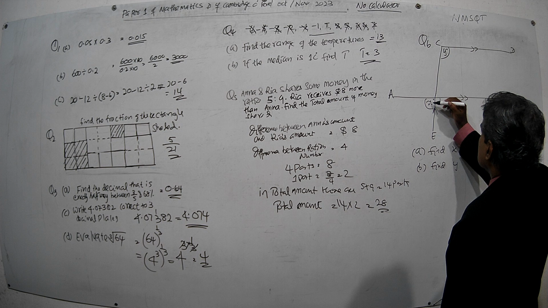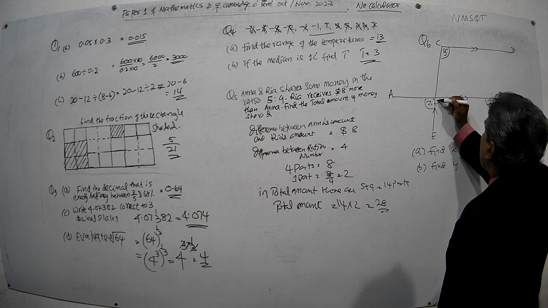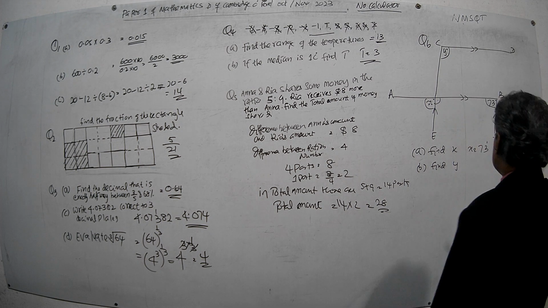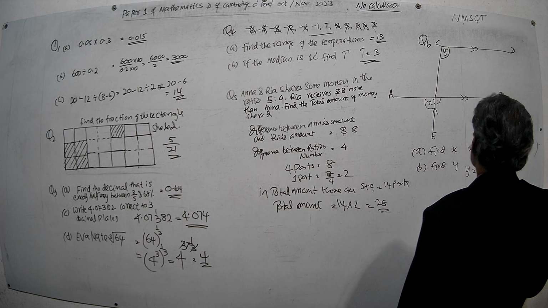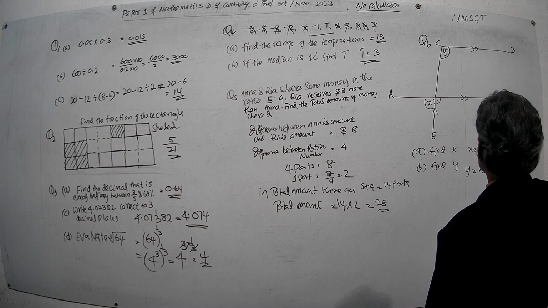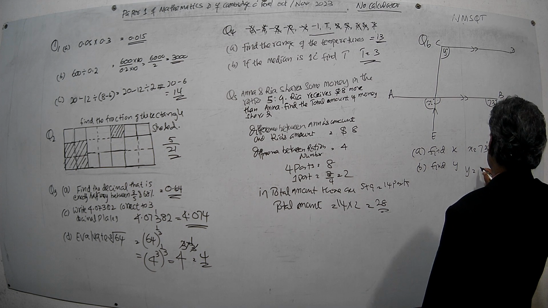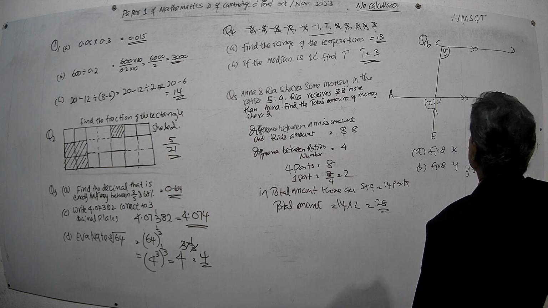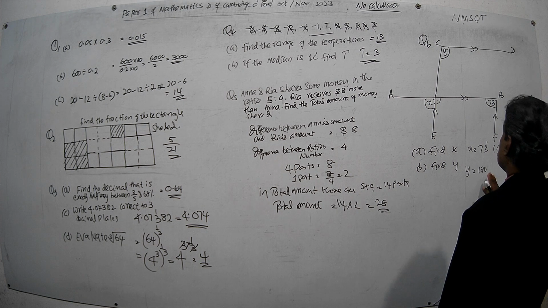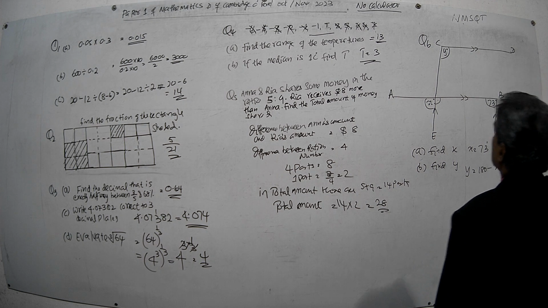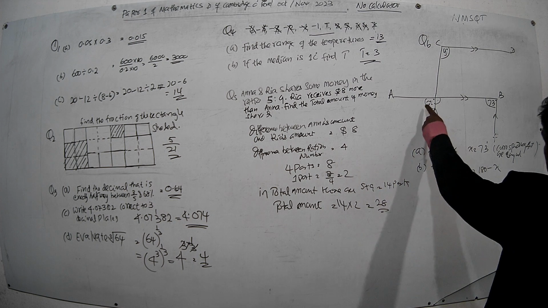This angle plus this angle add up to 180. Therefore, you can find y: y equals 180 minus x.